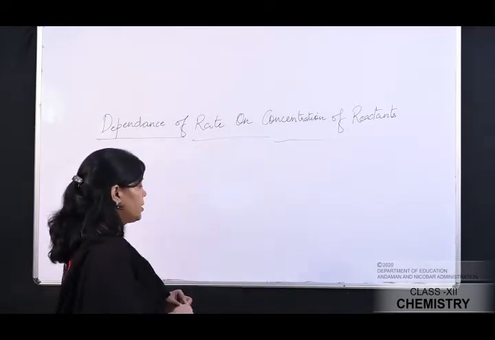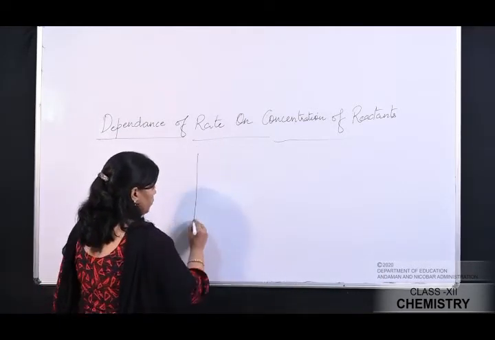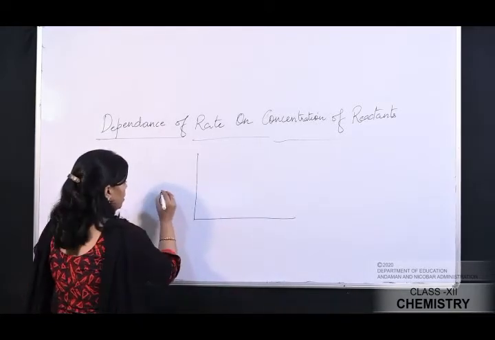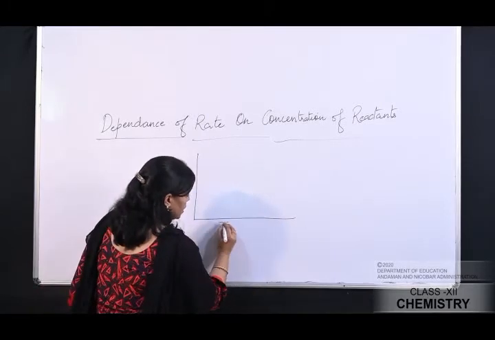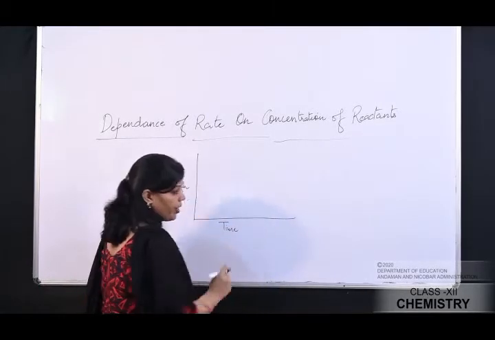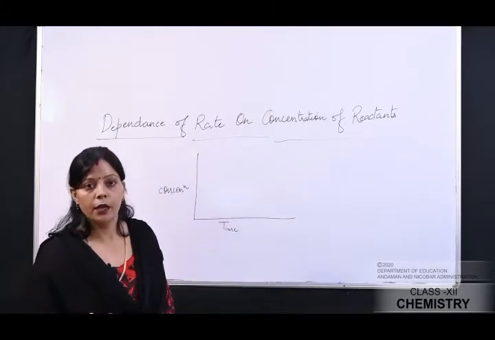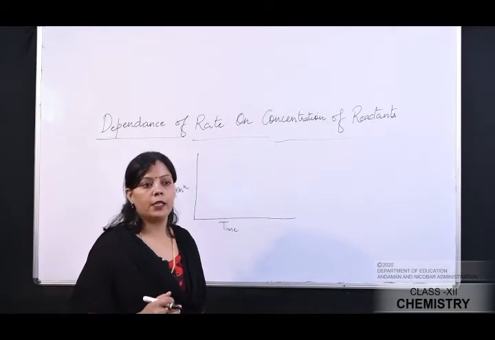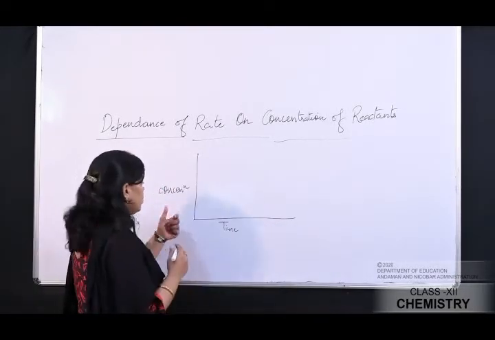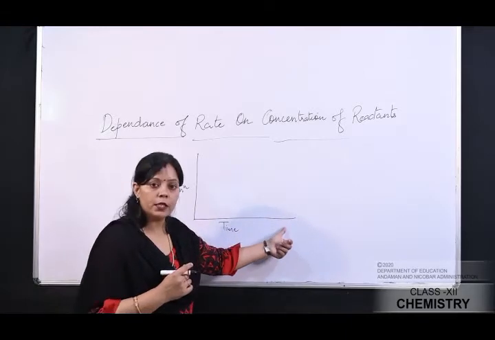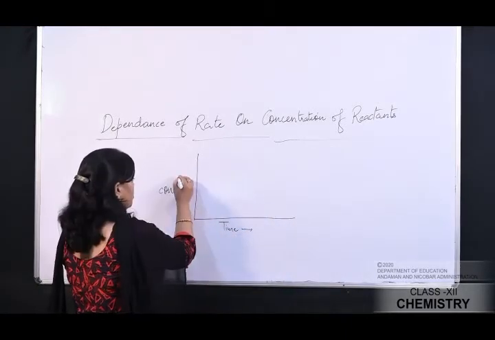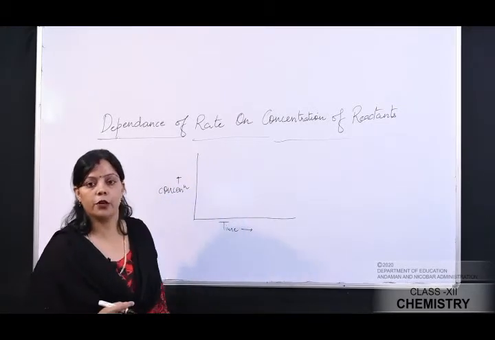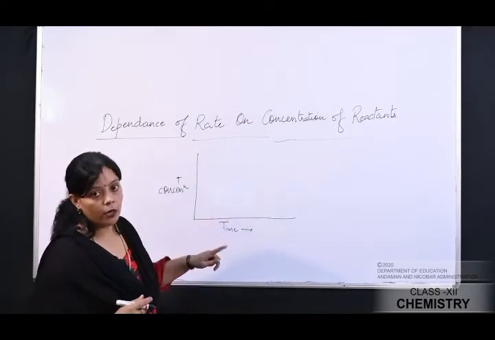As the reaction is proceeding, with the passing of time, we observe that the concentration of the reactant is decreasing, whereas the concentration of the product gradually increases. So I am showing you with the help of this plot. On the x-axis I am taking the time, and on the y-axis I am taking the concentration of the reactant or product.